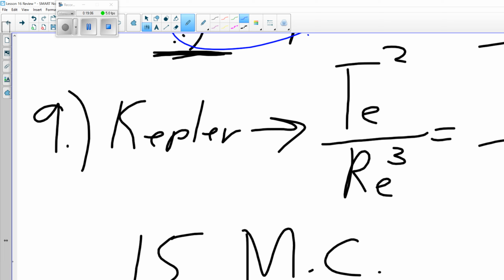Question about vertical circles, principles of vertical circular motion. Question about universal gravitation. Question about Newton's thought experiment.